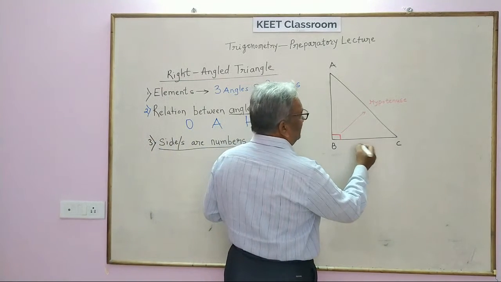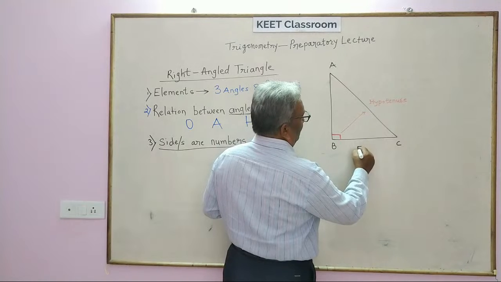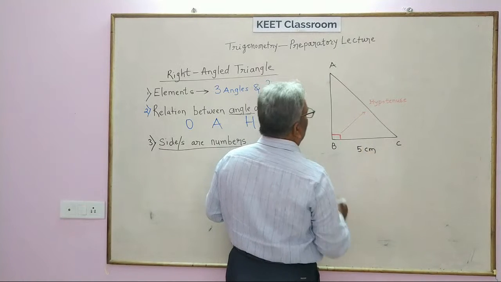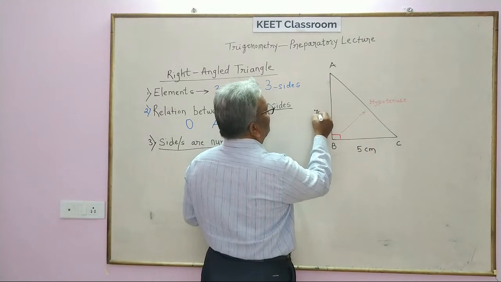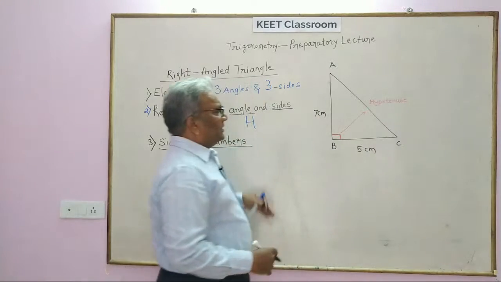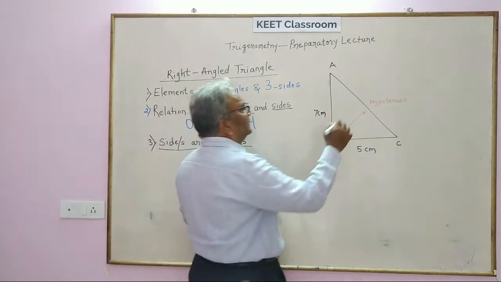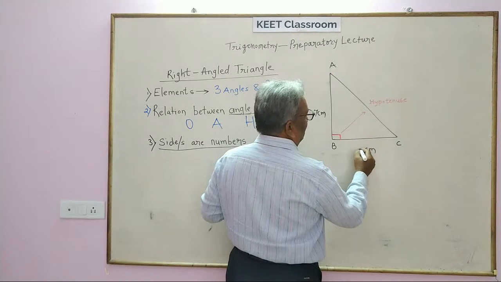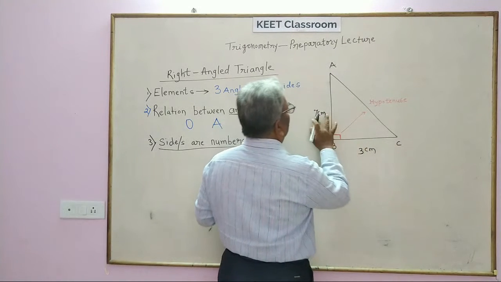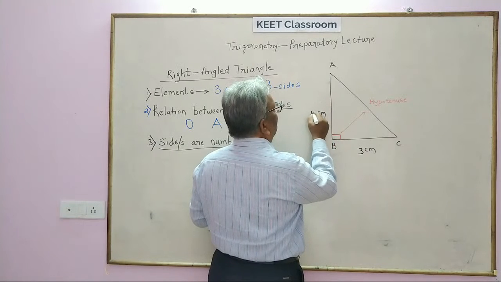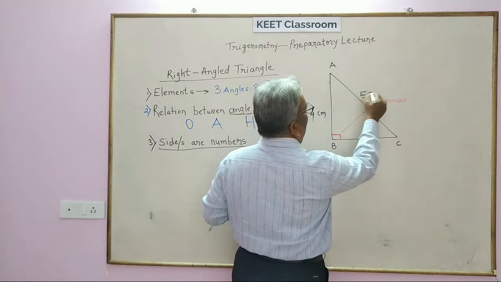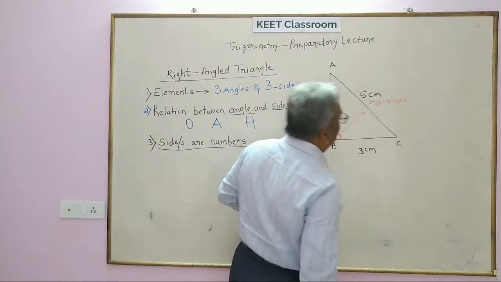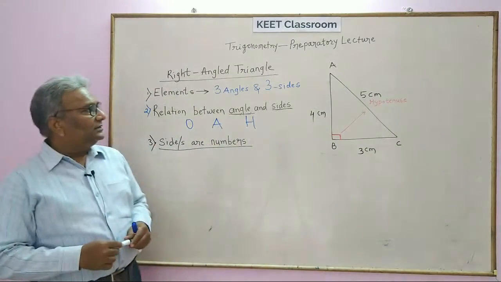That is, either it will be, suppose, 5 centimeter, this will be somewhat 7 centimeter, and this may be something. We will take some correct figure. I think we will take this as 3, this as 4, then this will be 5, satisfying the Pythagoras triplet.